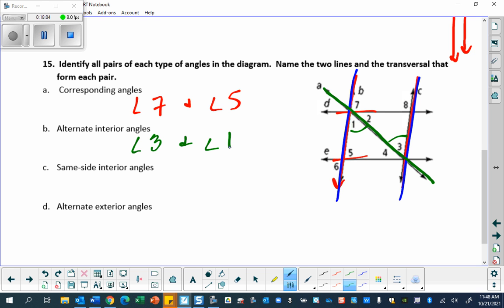Two and 4 are also alternating interior angles if I stick with this line system. Any others that you see? 7 and 4 I don't think are alternating.